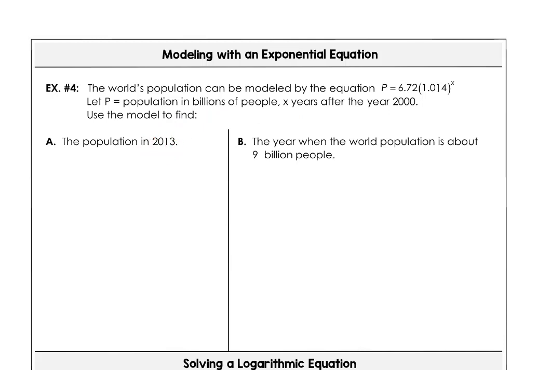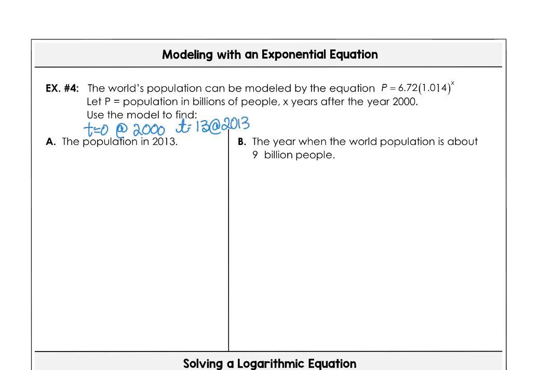That means when x is 0, that represents the year 2000. So to calculate 2013, then x would have to be 13.